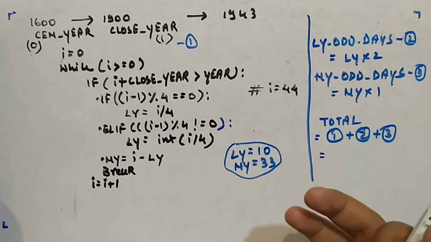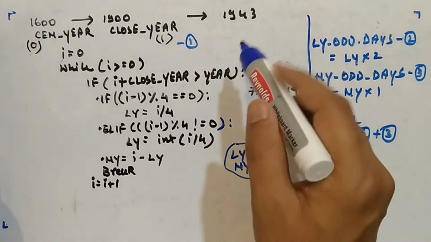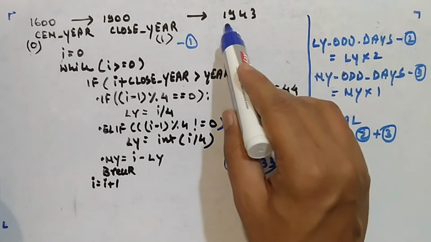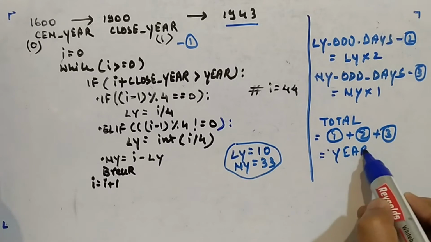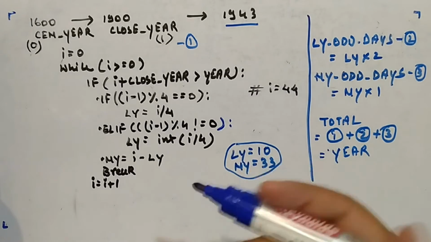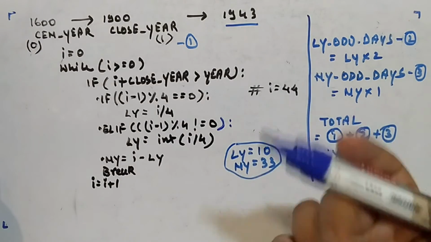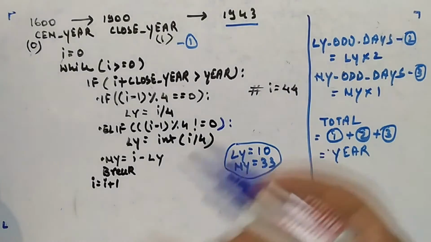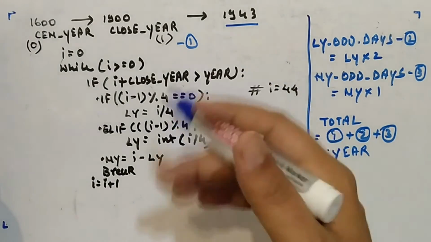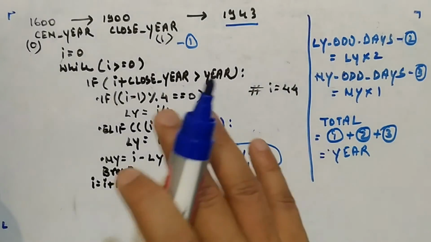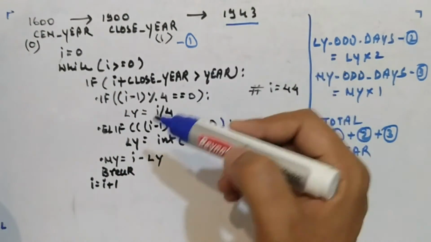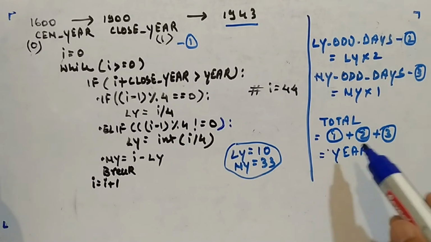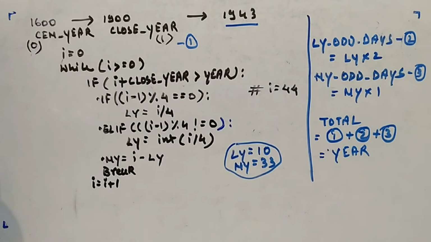So this long process was just for calculating the number of odd days for your given year, 1943. Now we will find the number of odd days for months and for the day. That will be easier compared to this. This was the most hectic part. The first step is this, the second step is this, the third step is this, and finally you get the total number of odd days for the given year.